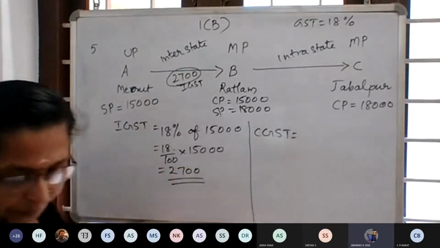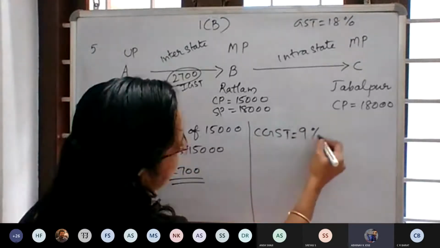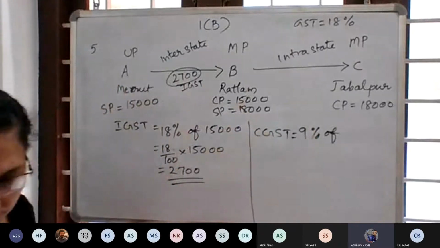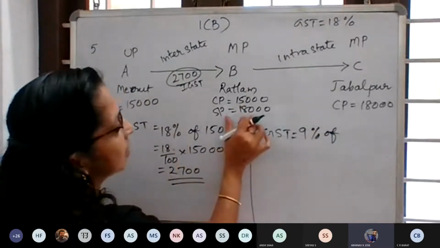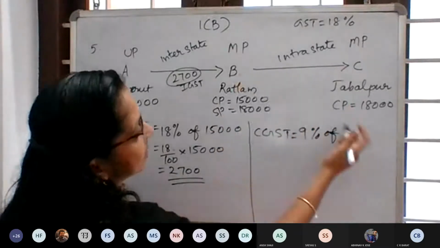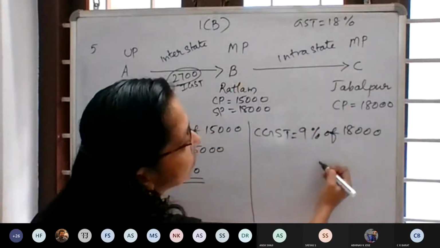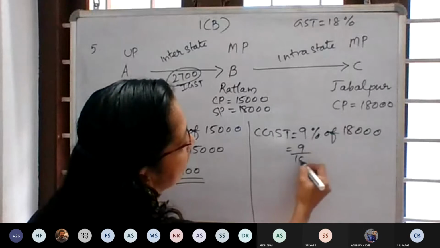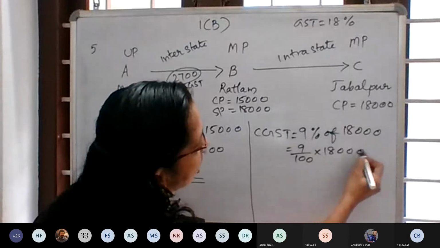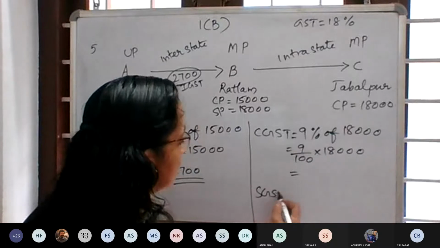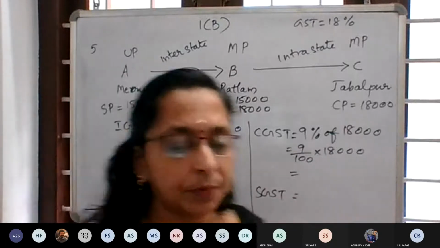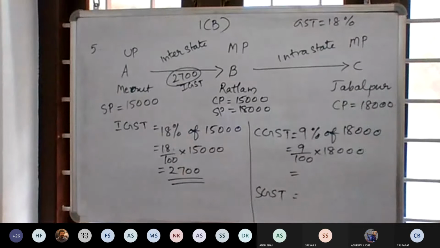CGST is equal to 9% of 18,000. Understood now? Got the difference? From B to C transactions, 9 by 100 into 18,000 is 1,620. What about SGST? SGST also will be 1,620.